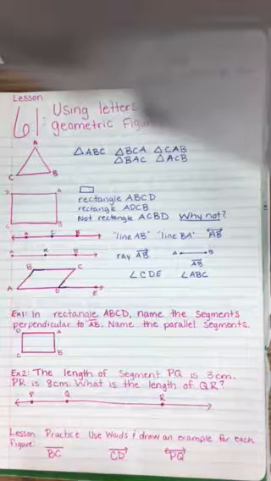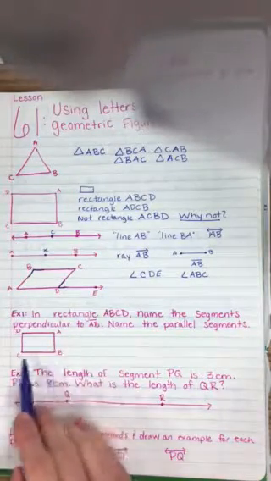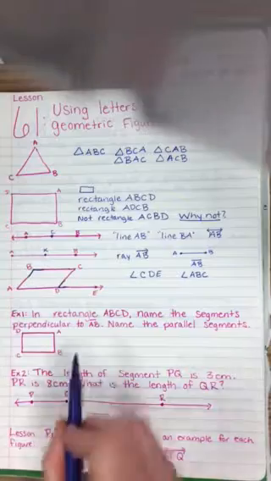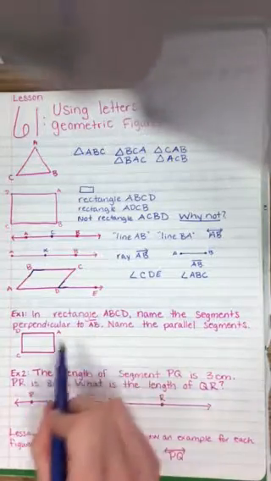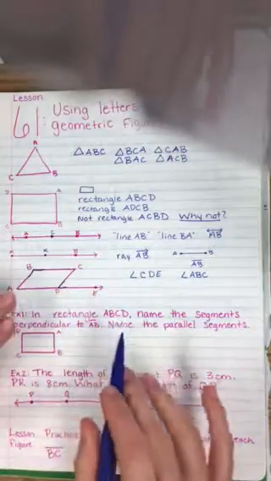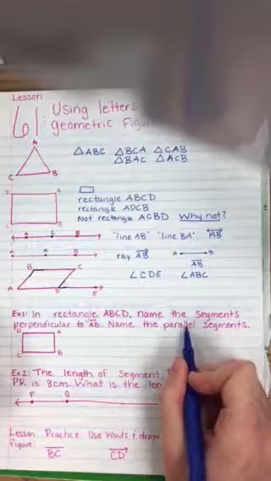So example 1. In rectangle ABCD, name the segments perpendicular to the line AB. So remember, perpendicular is the opposite of parallel, and parallel is the ones that go straight, just like these L's do.